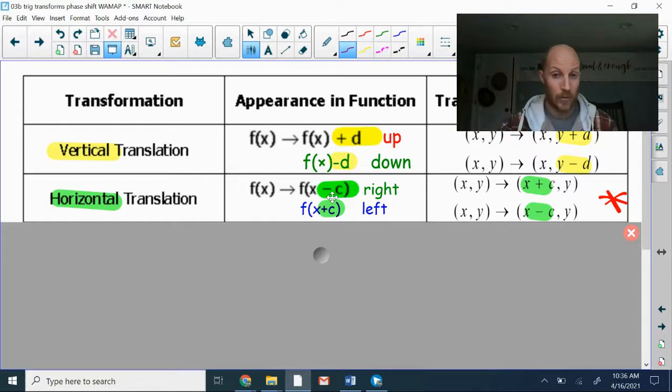It goes backwards from the way we think. So if it says minus some number, it's actually moving the graph to the right. And if it says plus some number, it's actually moving the graph to the left. And so the effect on the coordinates is the opposite sign of what the function indicates, because it's backwards.